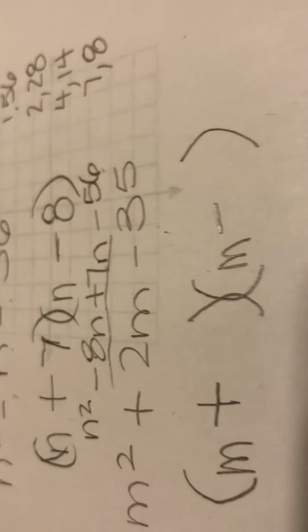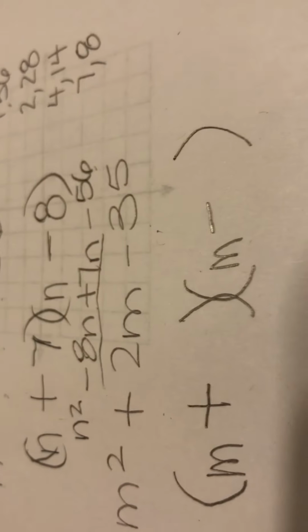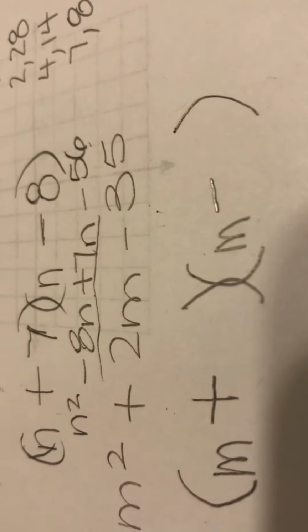Then for the last one, I have a positive B and a negative C. So once again, I know the only way to get that negative C is that my last terms have to be a positive and a negative. And so this, I'm going to split the m, and I would have factors of 35 that when I subtract them give me 2.